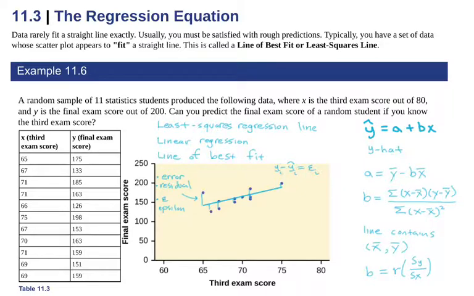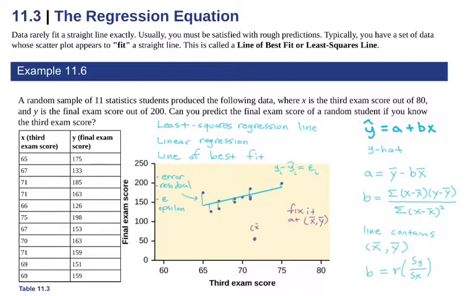And so the actual value y minus the predicted y hat is going to equal an epsilon. And we use a little subscript i right here because we technically have 11 different values, so it's going to be specific for each one. And so we want to put a line in there that minimizes all of those errors.